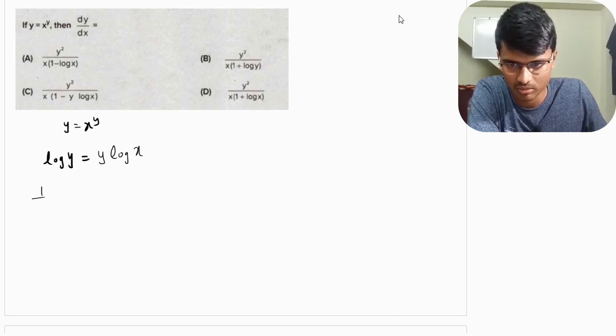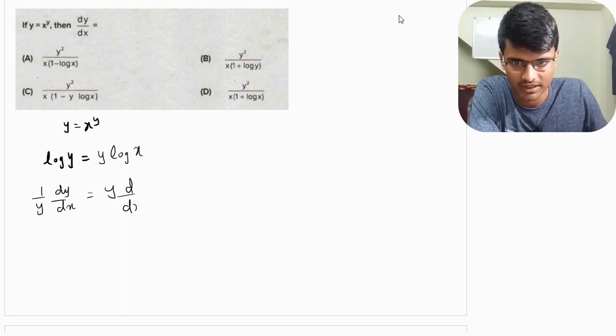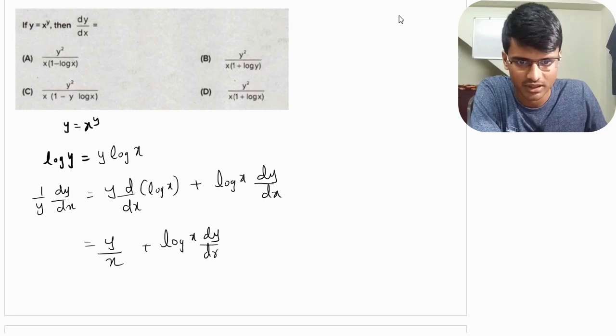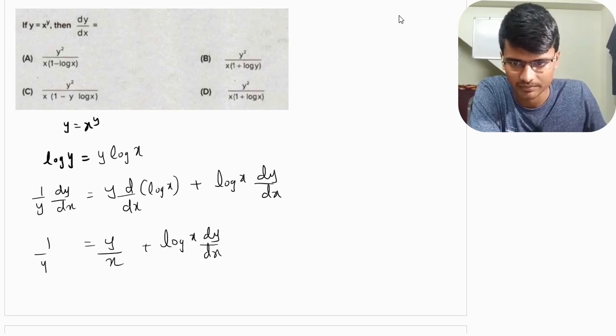Now differentiating on both sides, 1 by y dy by dx. I'll apply the product rule now: y d by dx of log x plus log x dy by dx. Differentiation of log x is 1 by x, so y by x, plus log x dy by dx. Now I have to take dy by dx common.